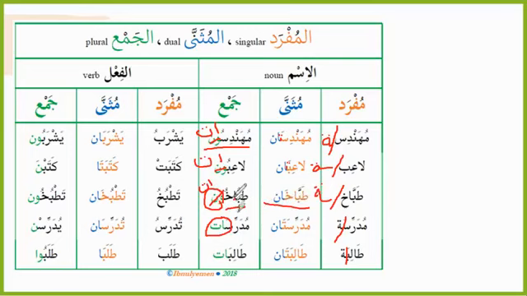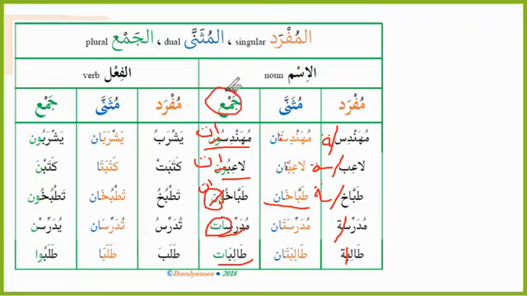This means female chefs, women players, women engineers, women teachers, women students: طالبات, طباخات, لاعبات, مهندسات.